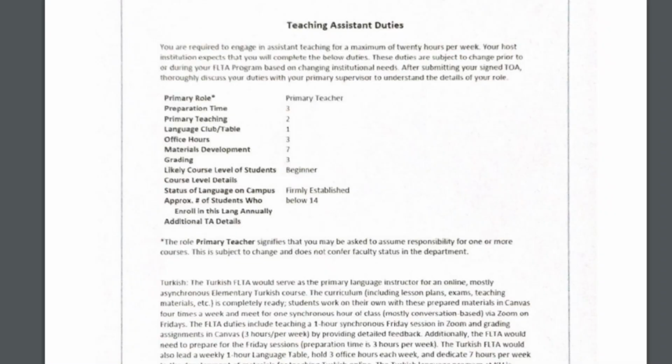So on the left, you can see the duties, and on the right, you can see the amount of hours. When it comes to duties, it can change from university to university. And because of COVID, some programs are still online. So in the previous academic year, the course that I taught was hybrid.